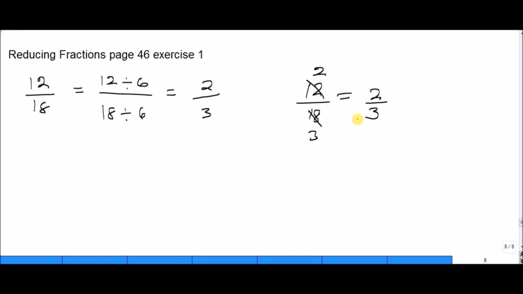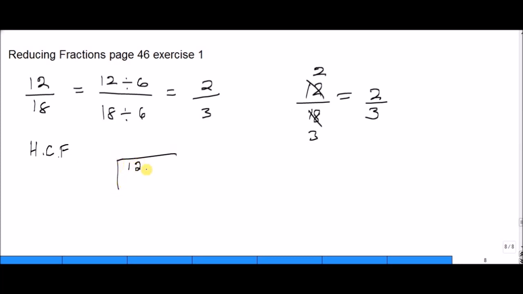Now, in order to reduce quickly, we can find the highest common factor, or what we call the HCF. What is the highest common factor of 12 and 18? Let's go.